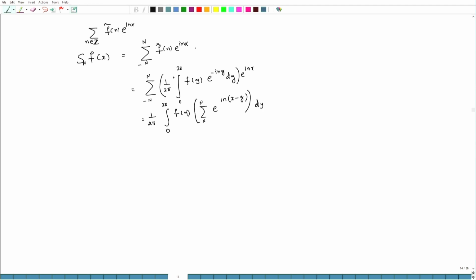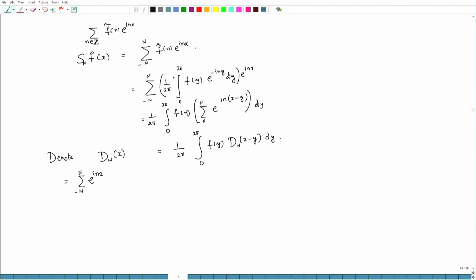Now, this is a function, so let me denote d n of x equal to summation minus n to n e to the power i n x. Therefore, this is equal to 1 by 2 pi, symbolically, I can write this as integral f of y d n of x minus y dy.